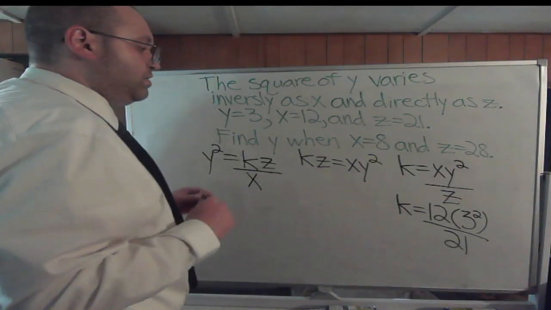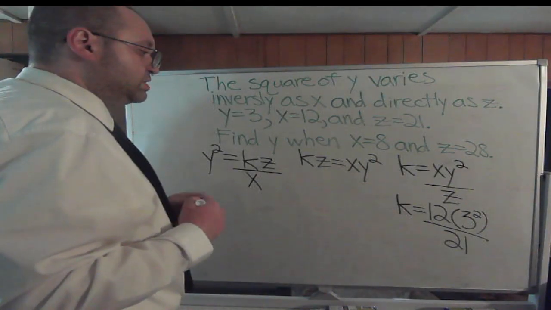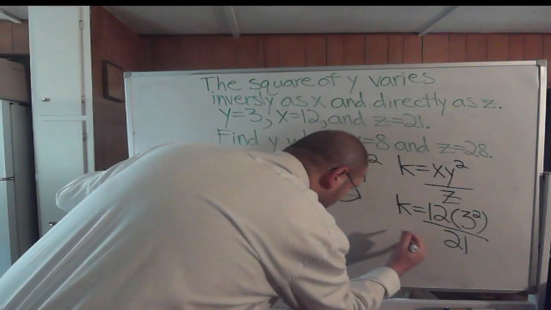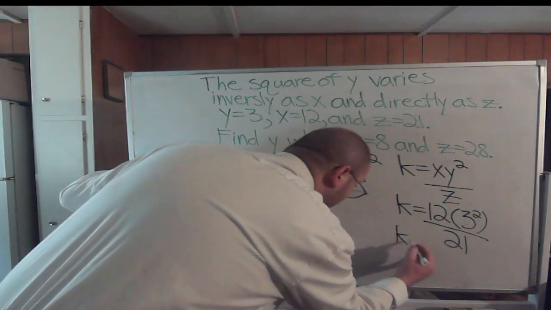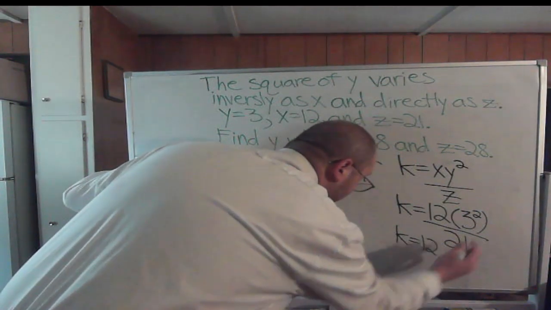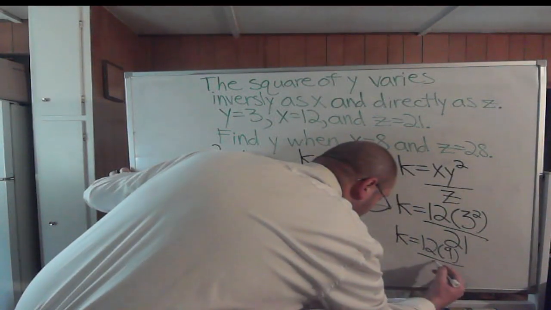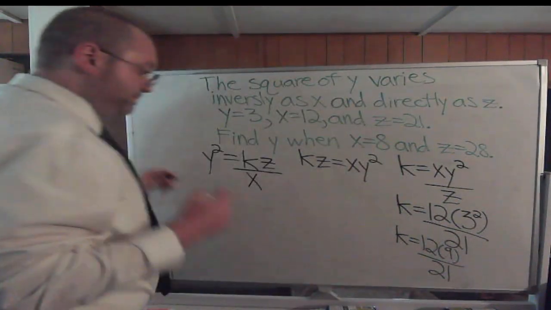Alright, now what we have here is k equals 12, and 3 squared is 9. You'll get 12 times 9 over 21.